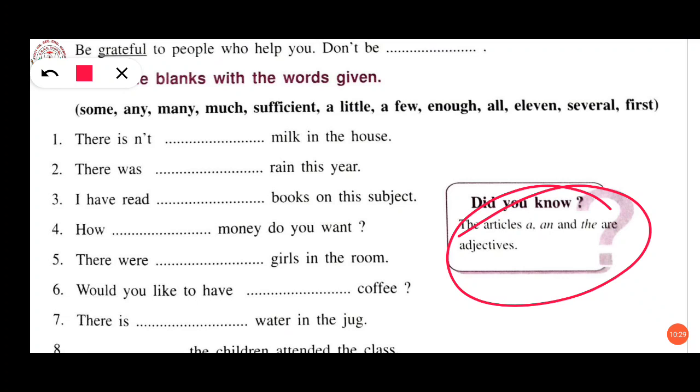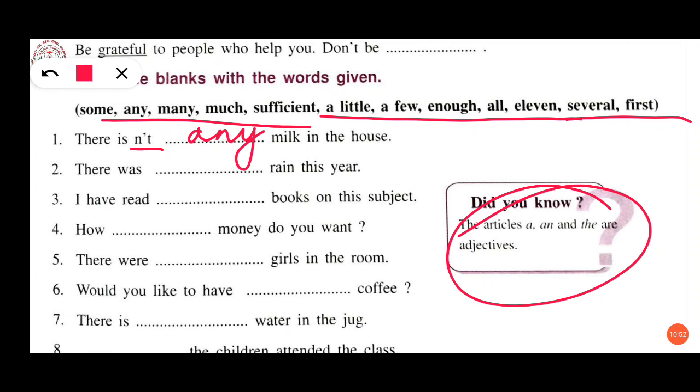See the first question, there isn't dash milk in the house, and we have to find the answer from the options given here. So there isn't any milk in the house. Here n apostrophe t means not. There is not any milk in the house.